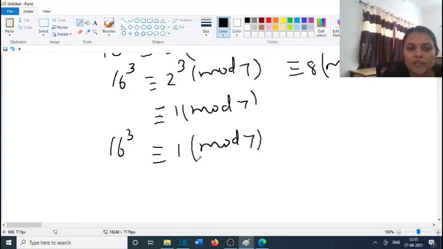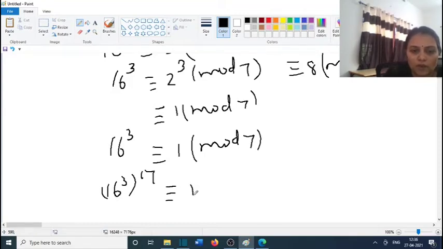Now we have to get 16 raised to 53. For that, consider 16 raised to 3, the whole raised to 17. 3 into 17 is 51, congruent to 1 raised to 17 mod 7.